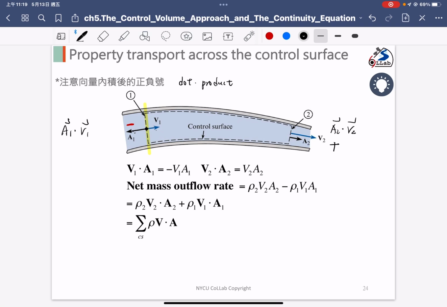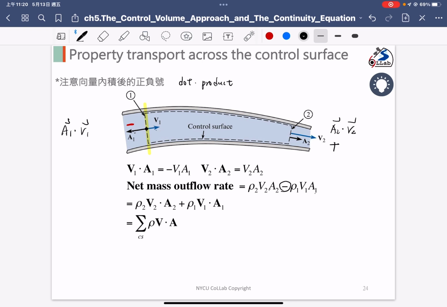So based on the dot product, the final result is also the mass flow 2 minus the mass flow 1, because the dot product already provides the direction. The right-hand side is positive, the left-hand side is negative.